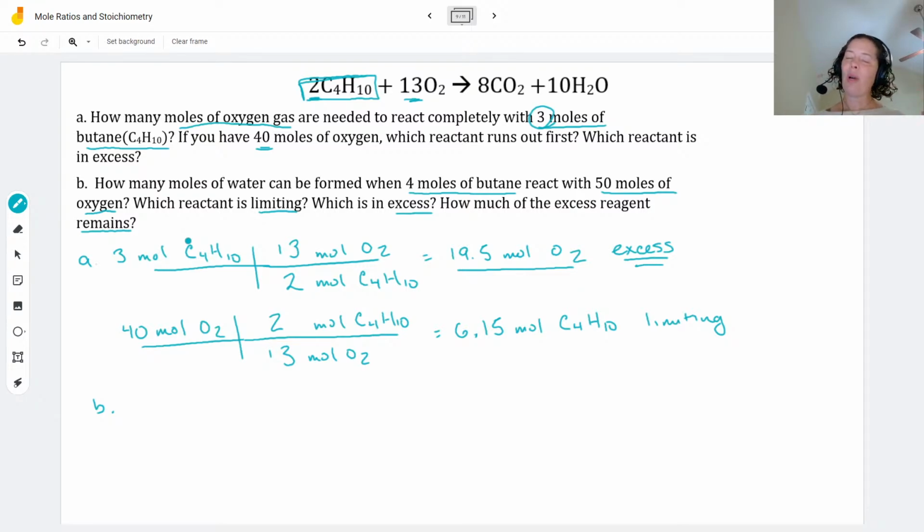Again, identifying what kind of problem this is. So I have been given information about 2 molecules and asked about a different one. So this is some kind of stoichiometry problem. I know it's a limiting stoichiometry problem because I'm given information about 2 of my reactants, and then I have to figure out which one, again, is limiting and which one is in excess. So it's nice to know what kind of problem we're dealing with.